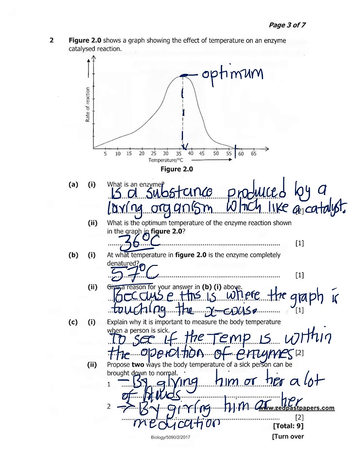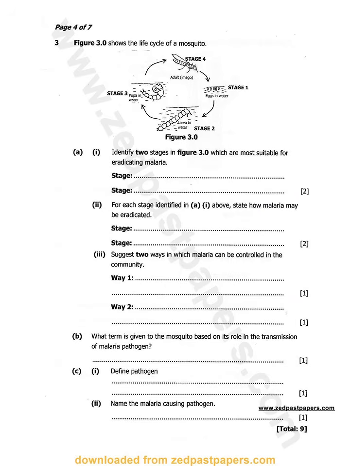Let's move on to question 3. Now question 3 is talking about the life cycle of a mosquito. So figure 3.0 shows the life cycle of a mosquito. Then we have the 4 stages.